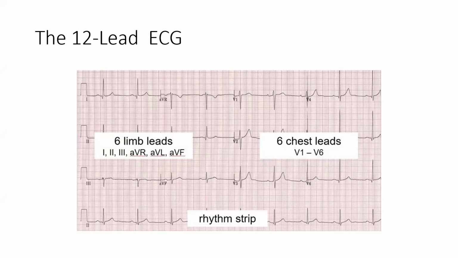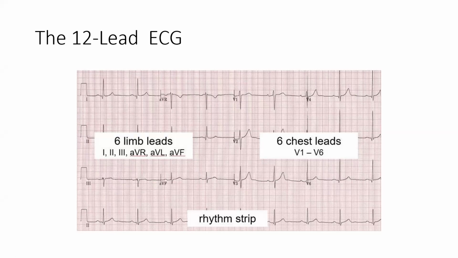Hence, we use a 12-lead to diagnose the presence of a myocardial infarction. I must emphasize that you should not interpret the presence of a myocardial infarction just because of an abnormality in one view or one lead. The changes in one lead should be corroborated by other related leads.